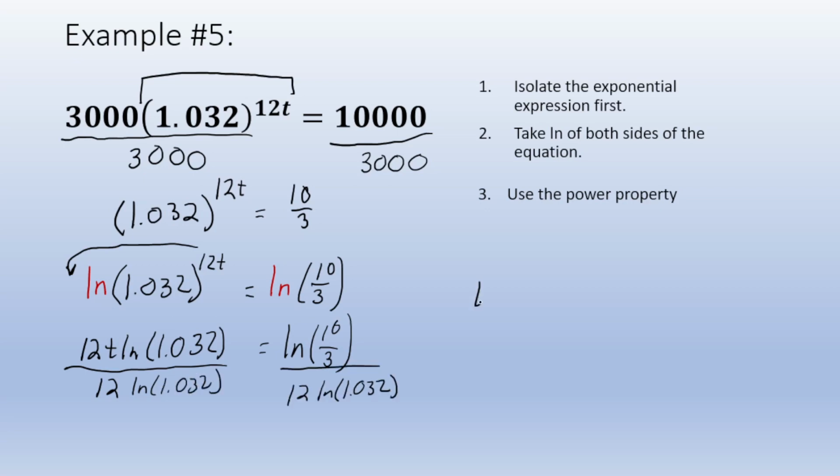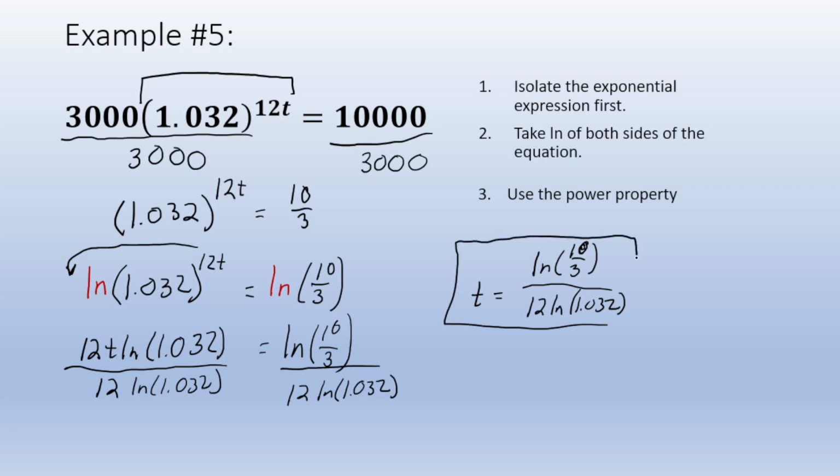So our solution is t equals natural log of 10/3 over 12 times the natural log of 1.032. And once again, this is the exact form of the solution, so you can leave it like this. To approximate it, just plug everything in the calculator.